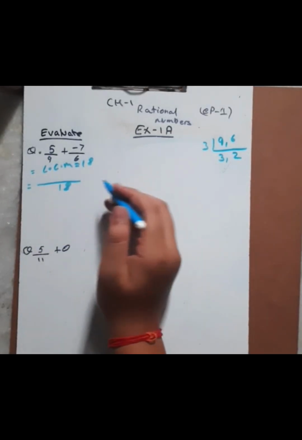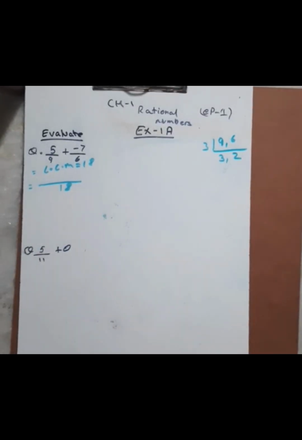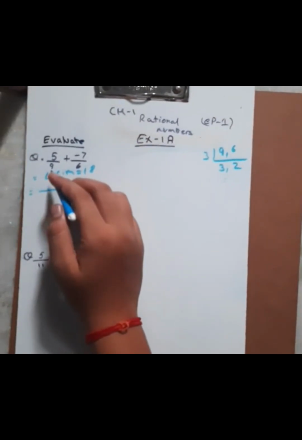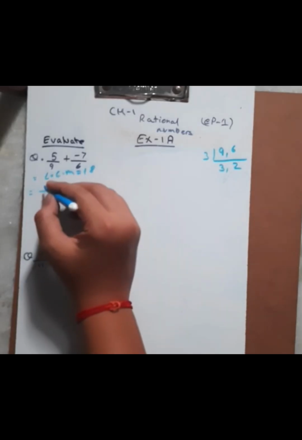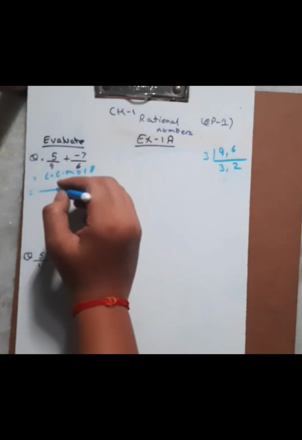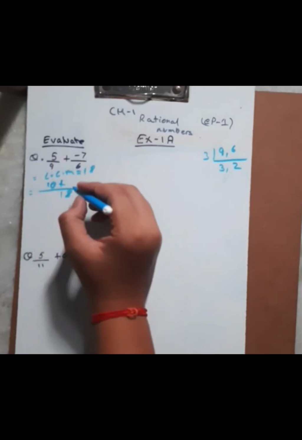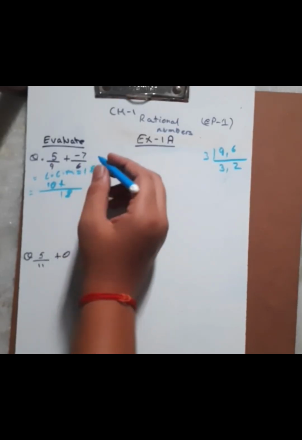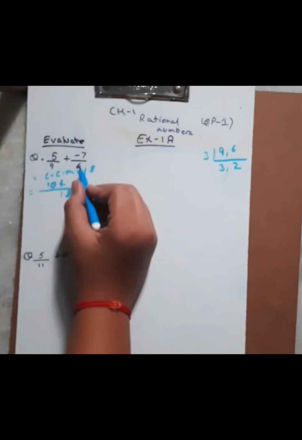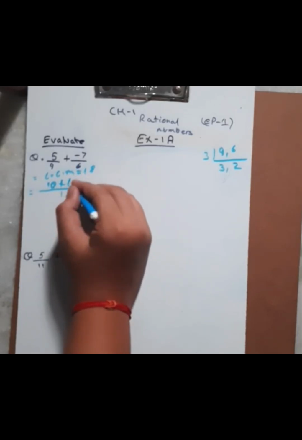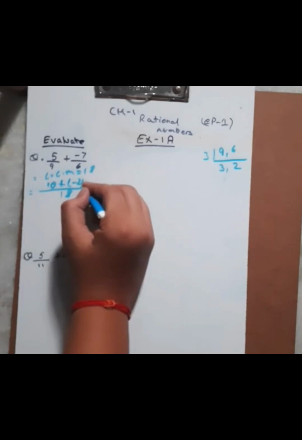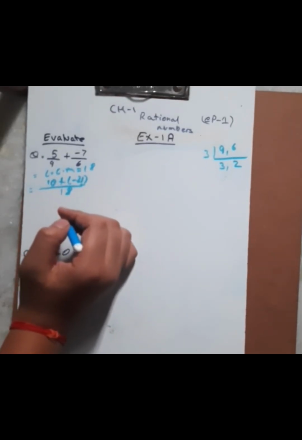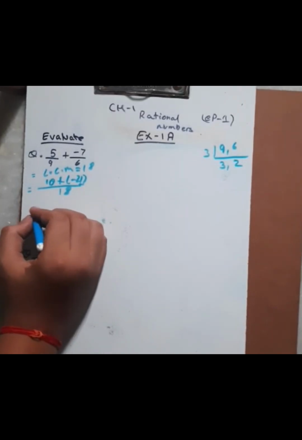When we multiply, 5 2s are 10. Then 18 by 6 is 3, and 7 3s are 21, but the sign here is minus, so we put the minus sign. So 10 minus 21.